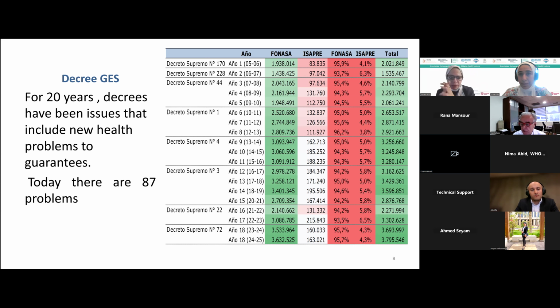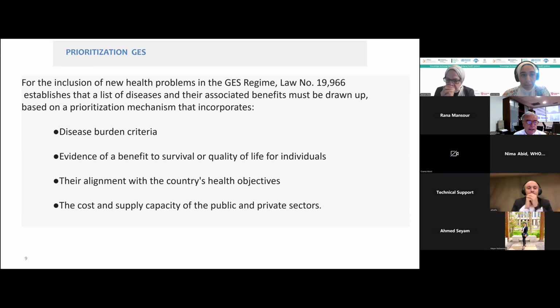The total population that has received the benefit until today is 3.7 million people with different health problems: diagnosis, treatment, medical treatment, surgical treatment, etc. And how do we establish the prioritization? That is very, very important, because, as you commented before, it is very important to establish the appropriate intervention in order to establish equitable financial efficiency and transparency in relation to what kind of service you provide to the population.